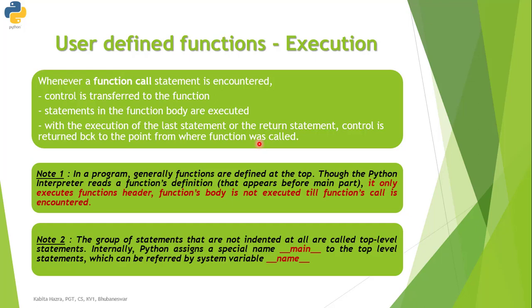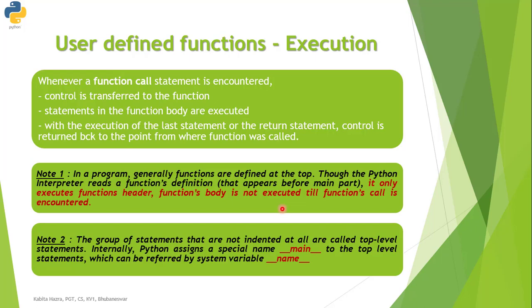Generally, in a program, the functions are defined at the top. When the Python interpreter reads a function's definition that appears before the main part, that is, the top level segment which consists of statements which are not indented at all.